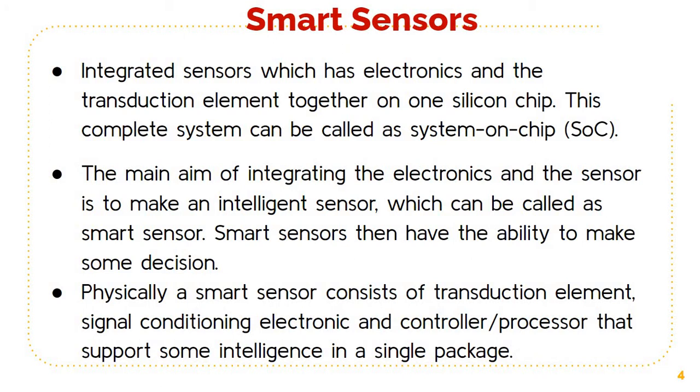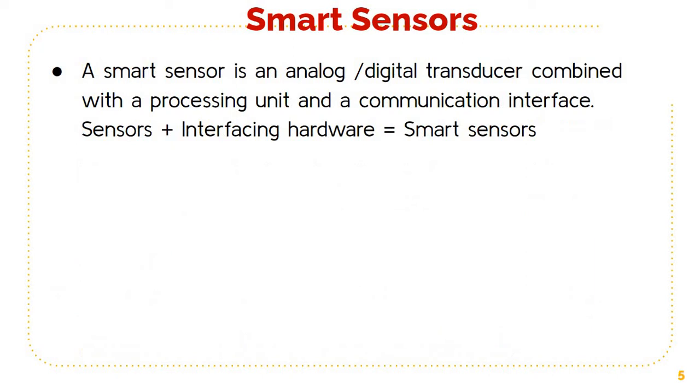Physically, a smart sensor consists of the transduction element, the signal conditioning electronics, and the controller that supports some intelligence in a single package. So we can say that a smart sensor is sensors plus interfacing hardware.